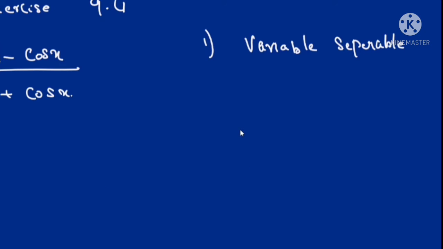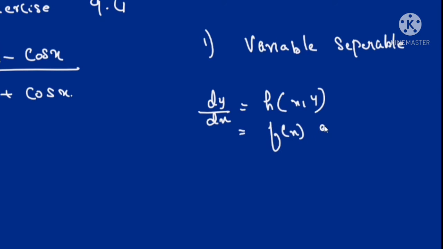We use the variable separable method when you have dy by dx is a function h of x, y, where you can split this as some function f of x into g of y. When you can split like that, we use the variable separable method.